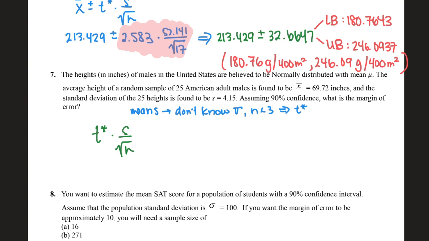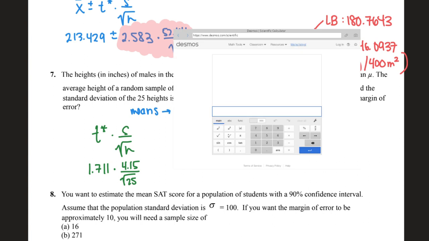So the t-star value for 90% confidence for a sample size of 25, so degrees of freedom would be 24, is going to be 1.711 times the standard deviation, which is going to be 4.15 over the square root of n. Our sample size is 25. So when we put that in our calculator, we get about 1.42. So our margin of error would be 1.42.